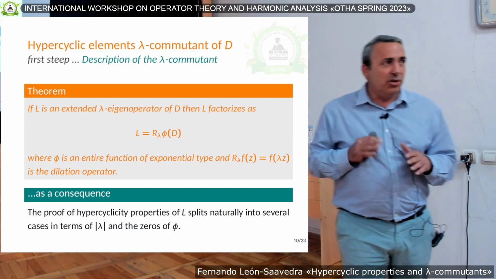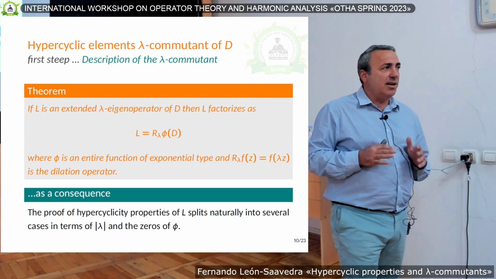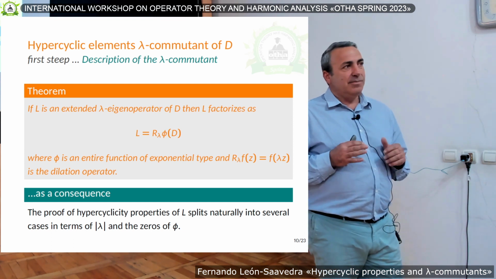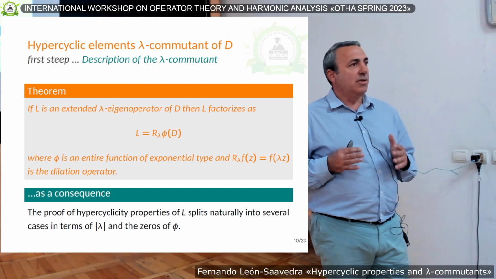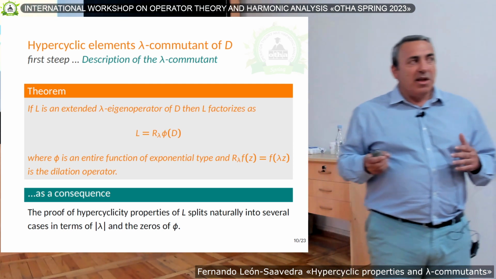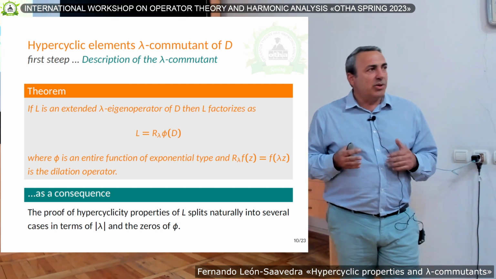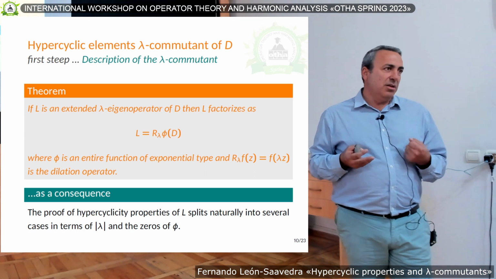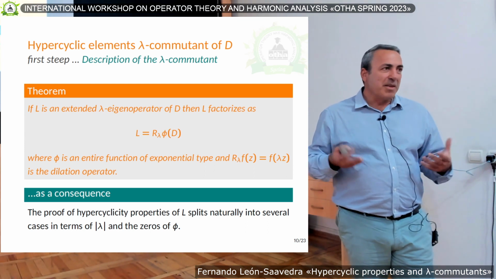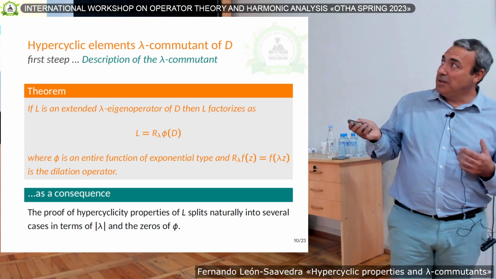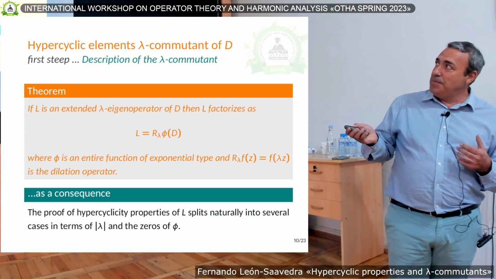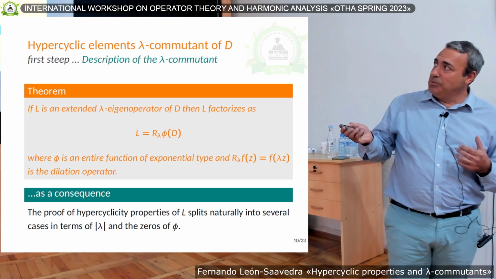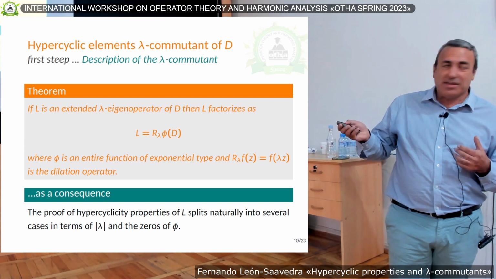The first step in order to get some result is to give a complete description of the lambda commutant of a given operator. The lambda commutant of a given operator is a very difficult, complicated subset. But in this case, when the operator is D, the elements in the lambda commutant can be factorized in a specific way.